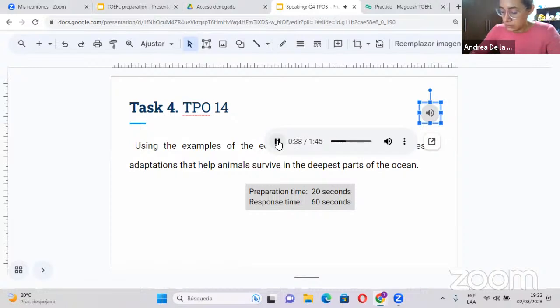For example, many deep-sea organisms have body features that enable them to eat prey that are larger than themselves. A good example, there's a species of eel that has an enormous mouth and a large stomach that's capable of expanding. And these unusual features allow this eel to eat prey larger than itself.